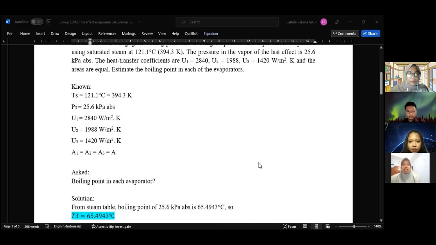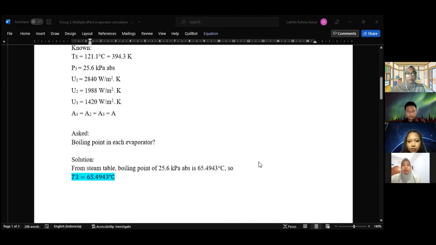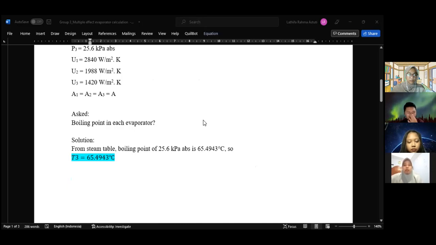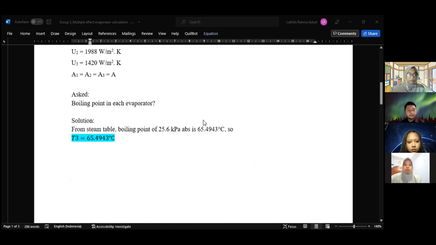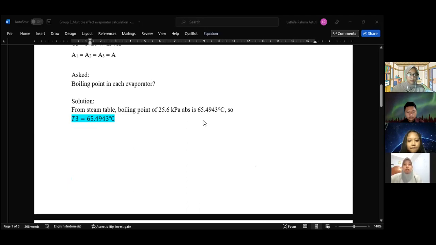Okay, here we have to find the boiling point in each evaporator. First step, we need to find T3, the boiling point in the third evaporator, first, because from the question we know that P3, the pressure on vapor in the last effect, is equal to 25.6.